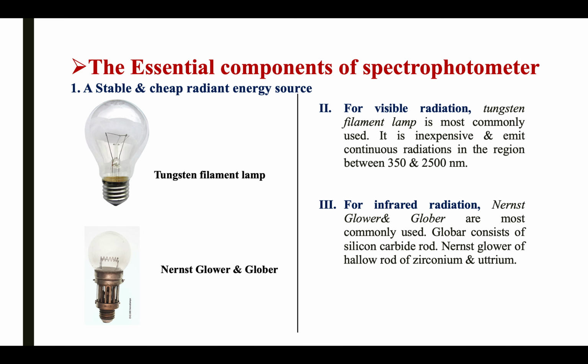IR radiation is nothing but heat radiation, so it doesn't require inert gas inside the bulb. The Nernst glower is a rod of zirconium and yttrium oxides. These are generally used as infrared radiation sources.